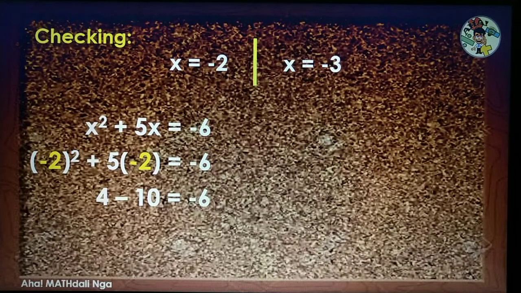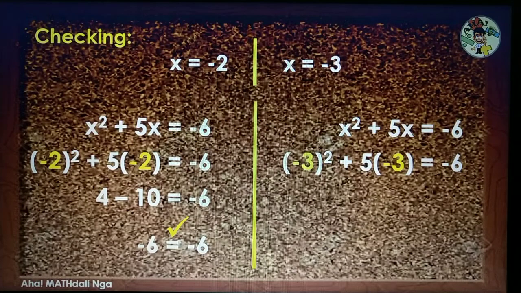4 minus 10 is equal to negative 6. And that is equal to negative 6. Let's try negative 3. Let's substitute this value to the original equation. X squared plus 5x is equal to negative 6.